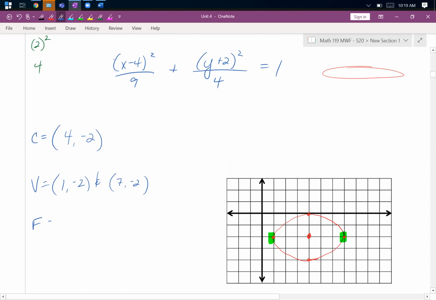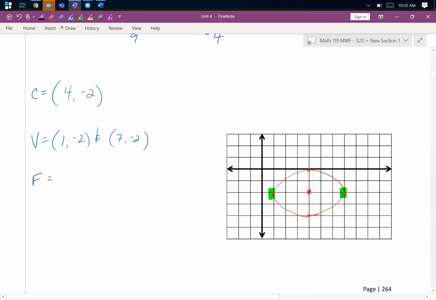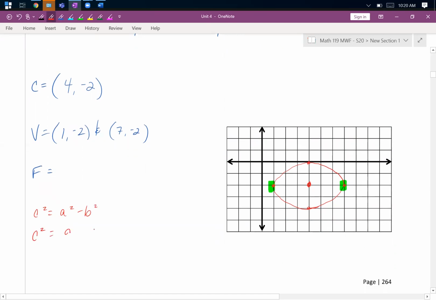And then lastly, we want to find the foci. C squared is equal to a squared minus b squared. So c squared is equal to 9 minus 4. C squared is equal to 5, making c equal to the square root of 5.